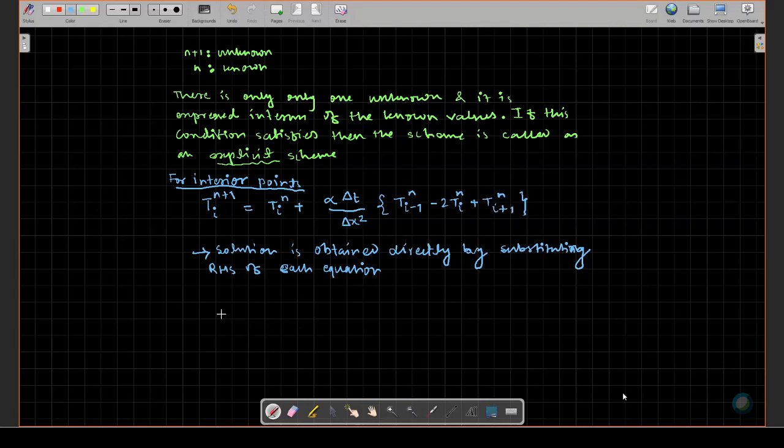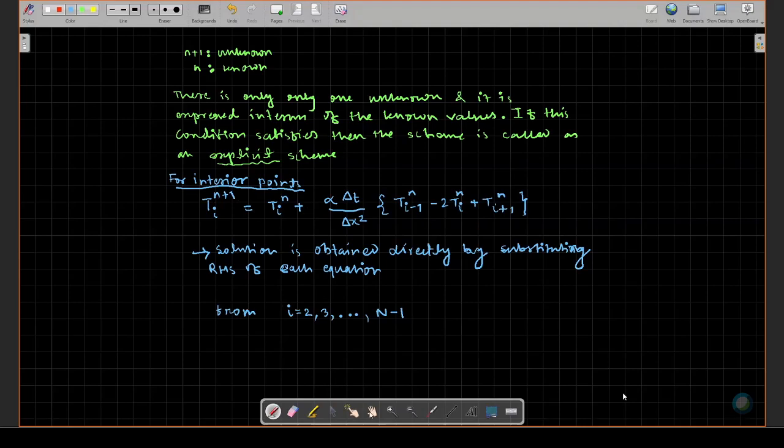So this is for interior points, I equals 2, 3, likewise up to N minus 1.